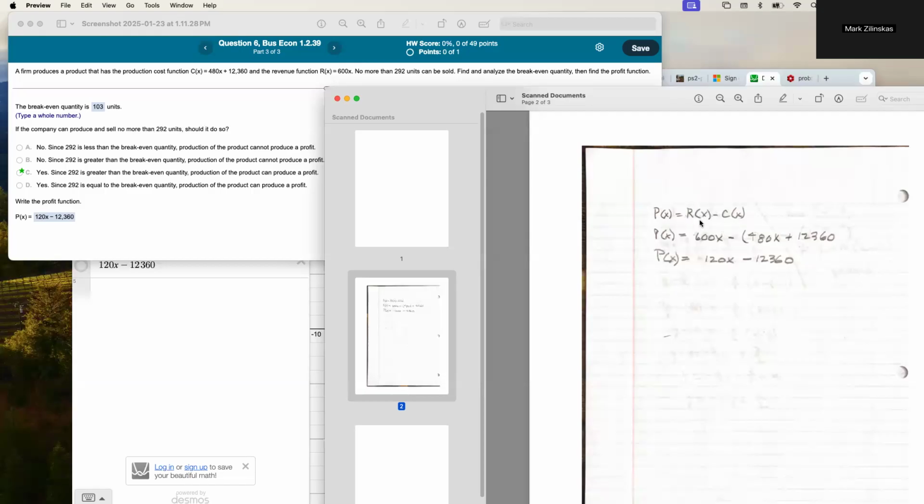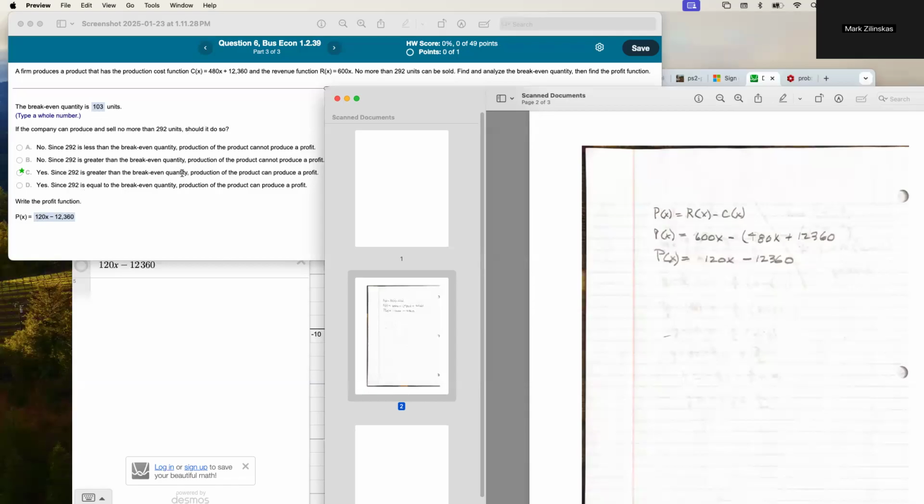So if I just substitute in the expression 600x, which we get for the revenue, and subtract from it this whole quantity, I should have used my right parenthesis here. When I distribute that -1, I'm going to get 600x minus 480x, which is 120x. And then that's just going to leave me with a negative 12,360. And that's what goes in here. But I would have to enter these numbers in first. And I don't even think you can type this in until you answer these questions.